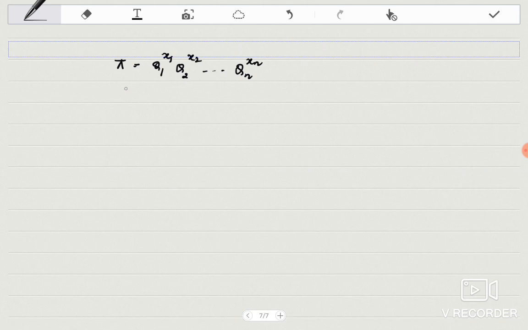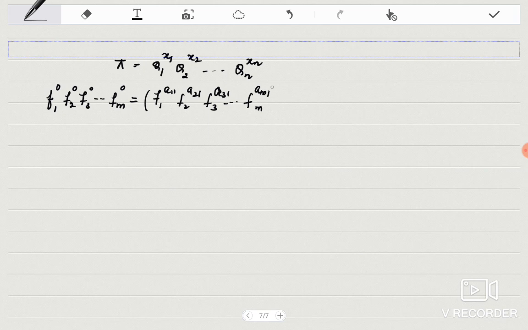Now what are the dimensions of pi? This is non-dimensional, so naturally it is f1 0, f2 0, f3 0 and fm 0. Now what are the dimensions of q1? We don't know. The dimensions of q1 will be written in terms of these fundamental dimensions. So it may be f1 a11, f2 a21, f3 a31 and fm am1 raised to the power x1.